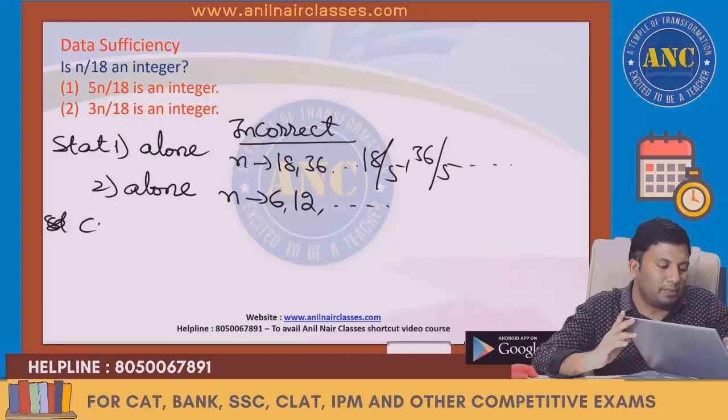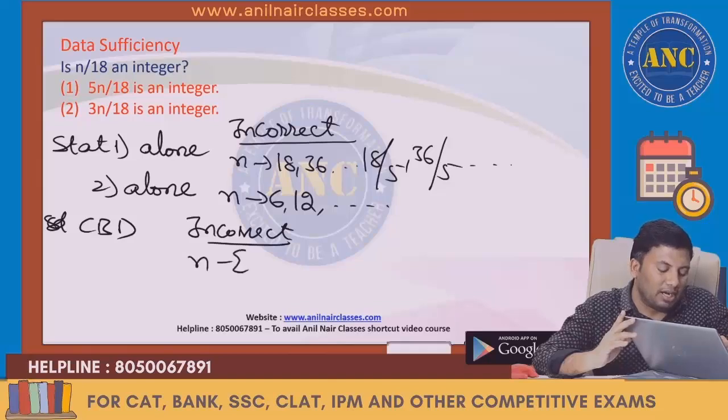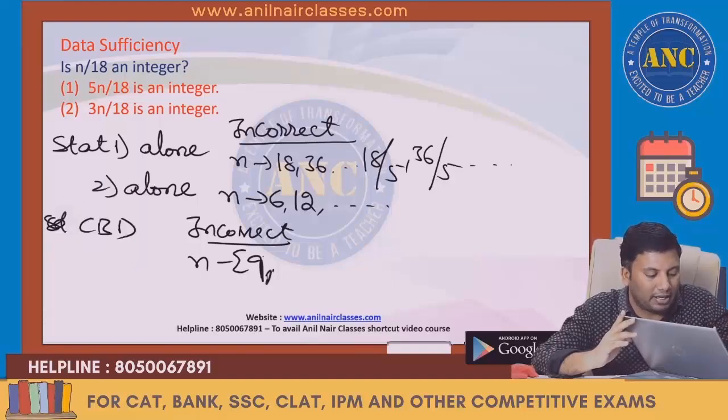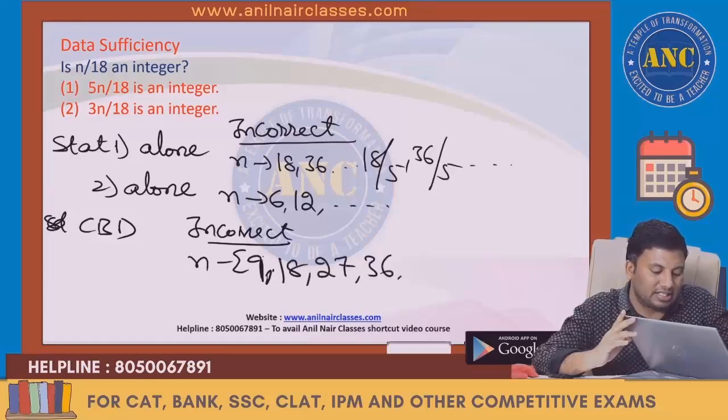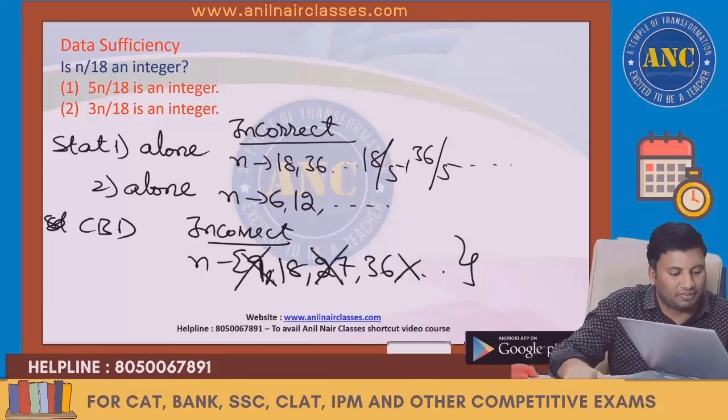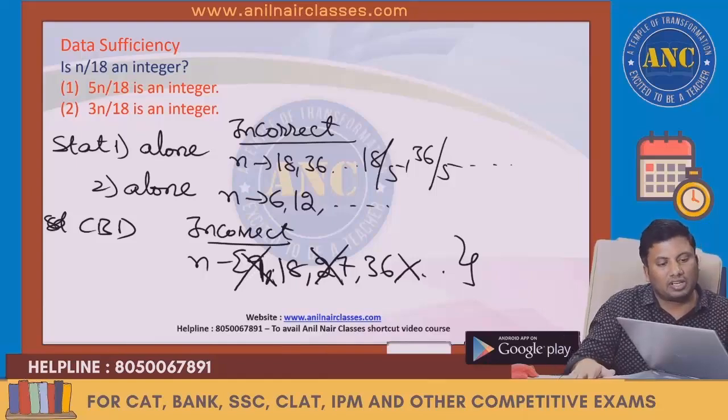Cannot be determined is also incorrect. Why? Because n is a multiple of 9, and the answer obtained should satisfy the statements combined. 9, 18, 27, 36: 5 into 9 by 18 is not possible. All the multiples of 18 divided by 18 give an integer.